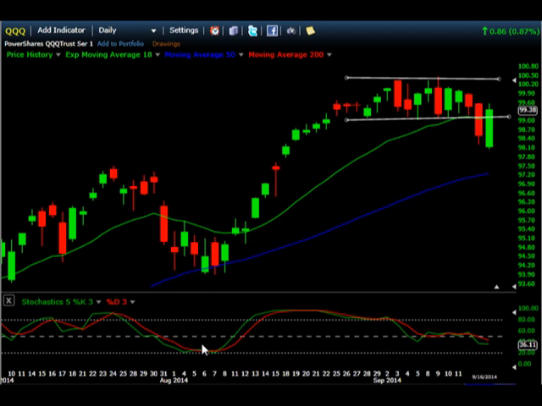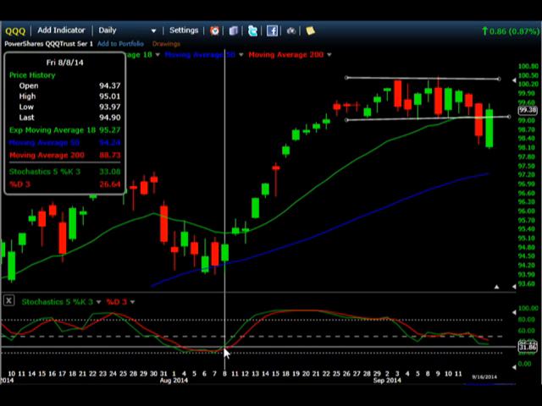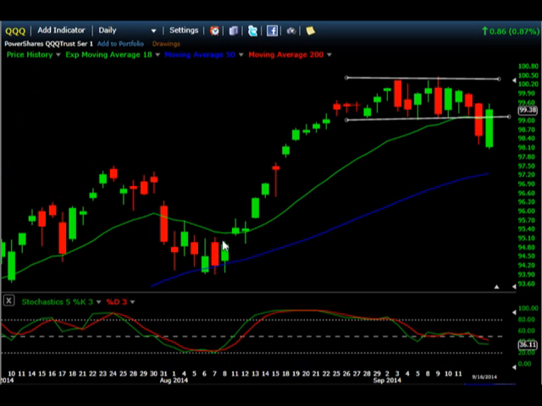So you look for an entry here if it can start closing above there, which it didn't until we get to this date here. We got another crossover, so we considered going in if we can get a close above this. Sure enough, the next day we got the close and we got the move up. Okay, so that's kind of how I look at this here.